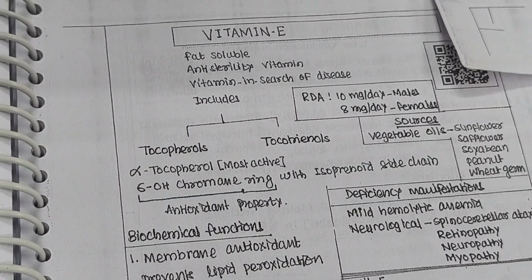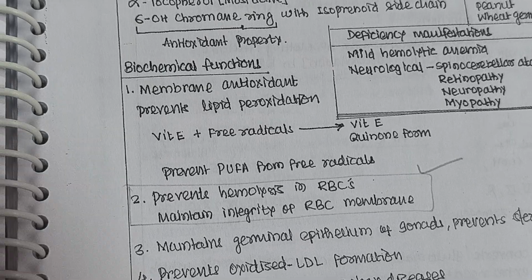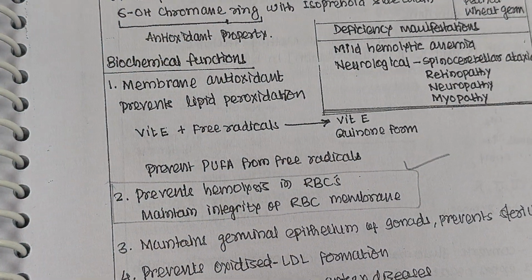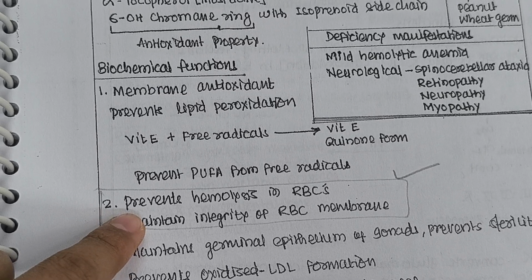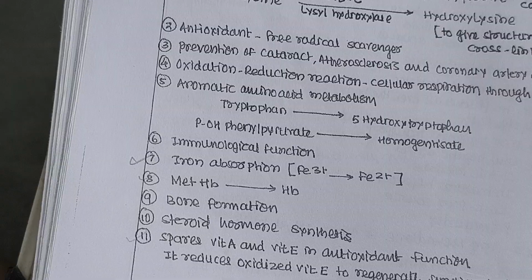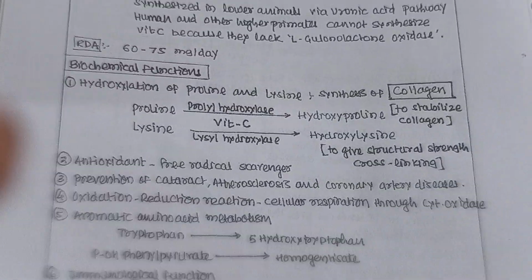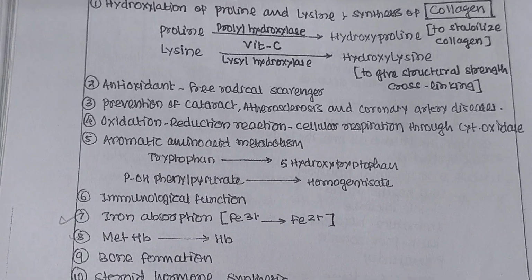So friends, in biochemistry you will have to study vitamin E, and in vitamin E you can see that one of the most important functions is that vitamin E prevents hemolysis in RBC and maintains the integrity of RBC. Here is vitamin C. We have to study the functions of vitamin C also.